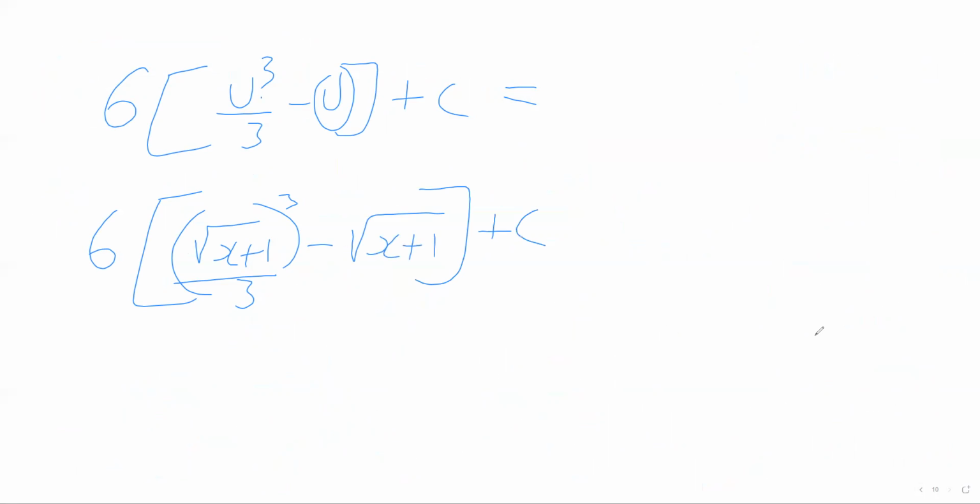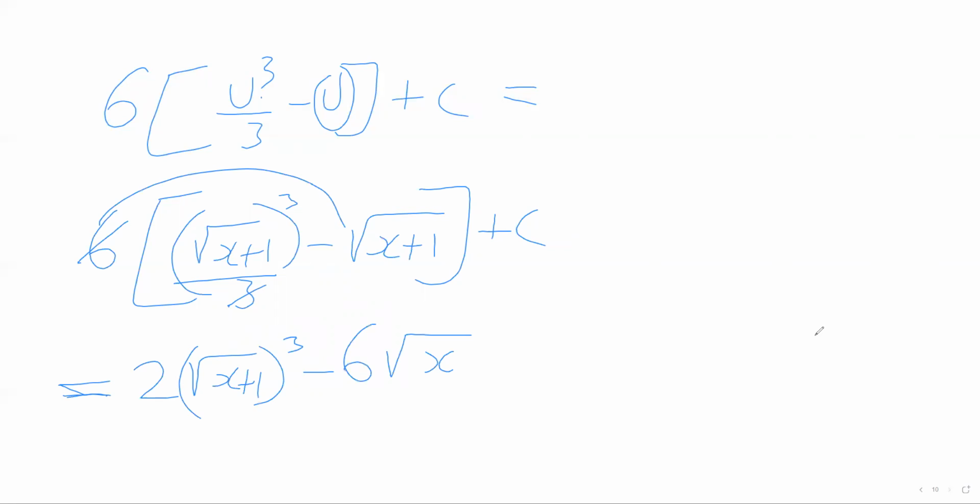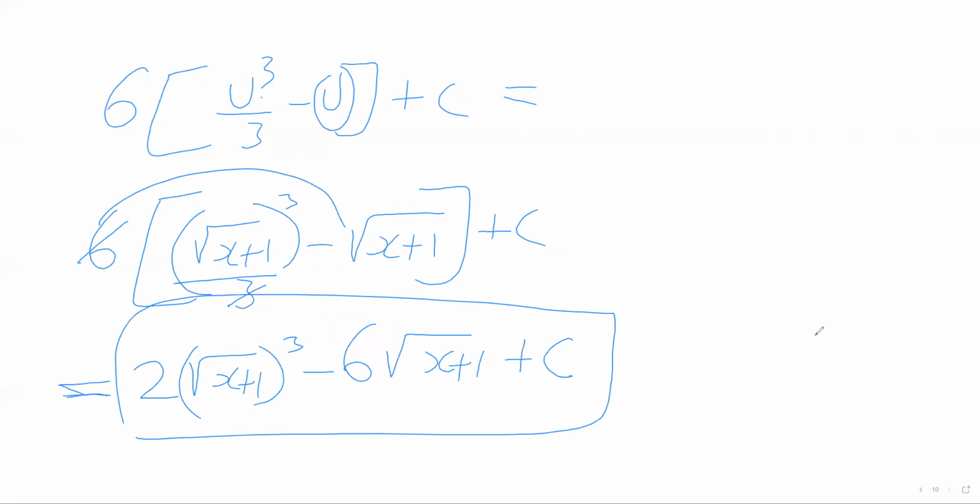Plus c. That's what I have, guys. You see, I end up with that. Sometimes it's important to simplify. 3 into 6, it's 2. We multiply this by that. You've seen. I've integrated using this substitution method.